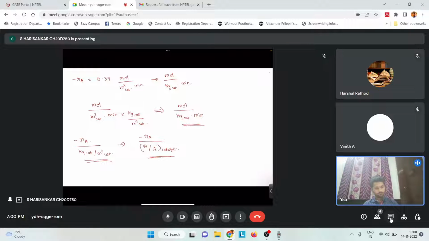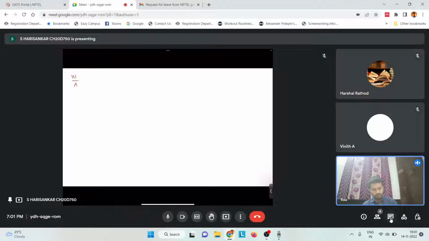So to find weight per area of the catalyst, we need two things, which are obviously the weight of catalyst used and the surface area of the catalyst used.